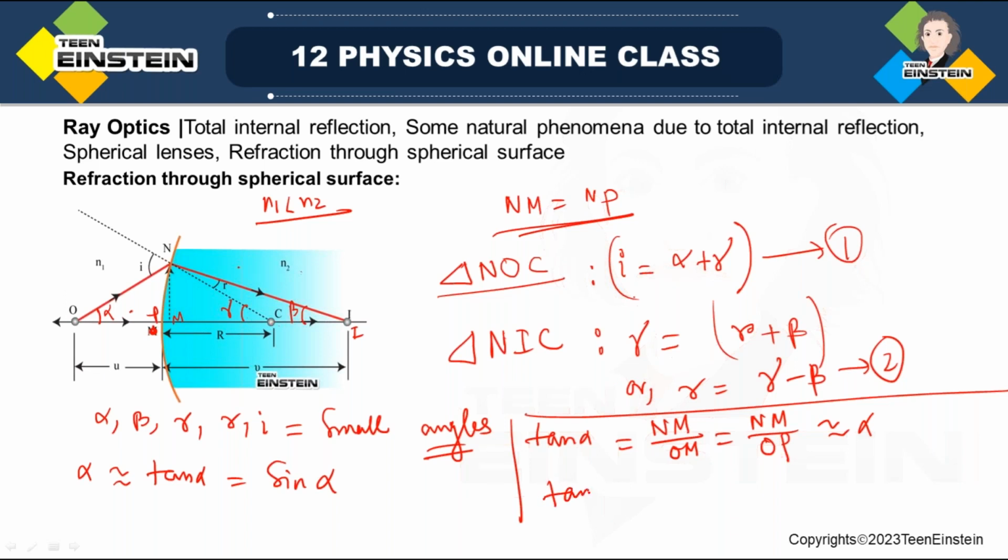Tan beta is nothing but NM by MI, and MI means PI also, so beta is nearly equal to NM by PI.